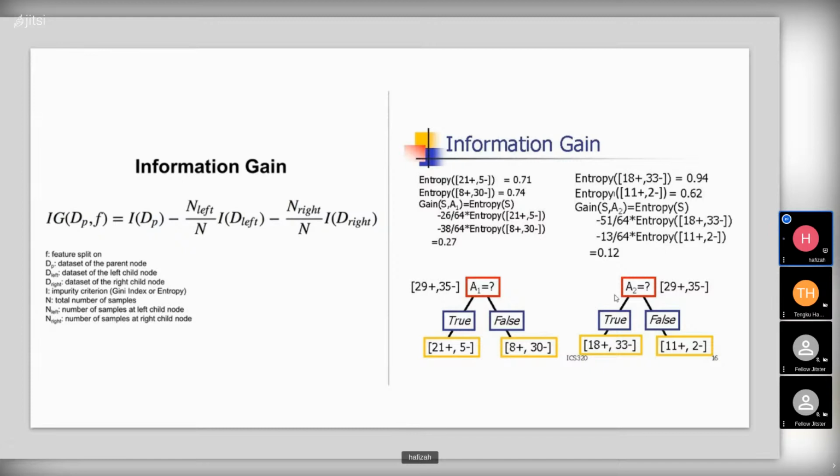But this one is like an example: I have two options. Whether you want to use the first variable, for example gender, or for this one, age, like old or young. I want to choose which one is better. Understand? So if you have more information gain, I will choose that.